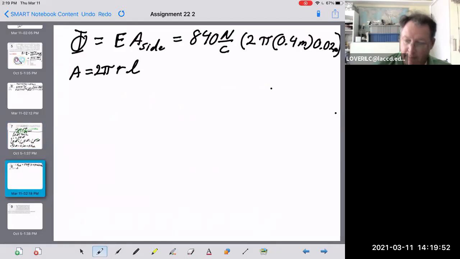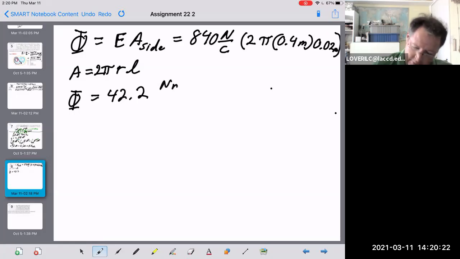In this case, 2 times pi times 0.4 times 0.02, that's 0.05 meters squared. Multiply it times 840, and that is 42.2 newton meter squared per coulomb.